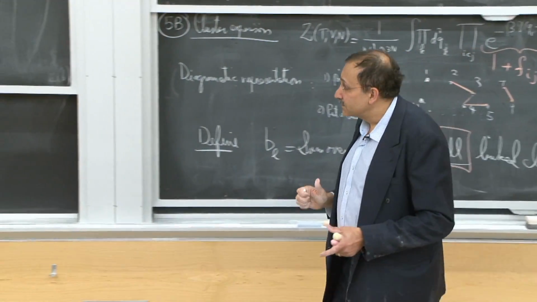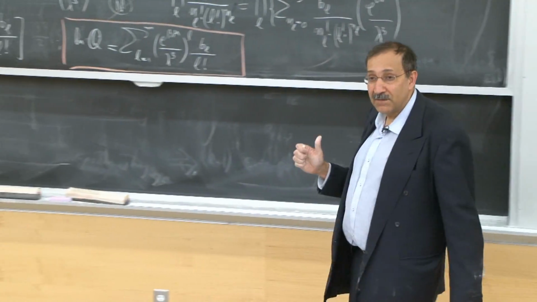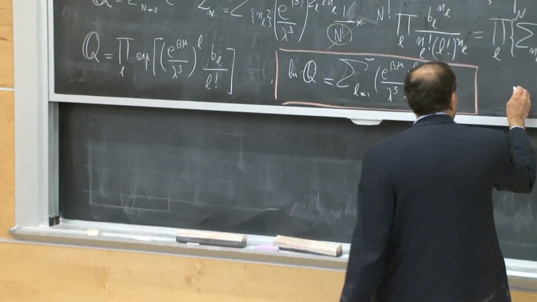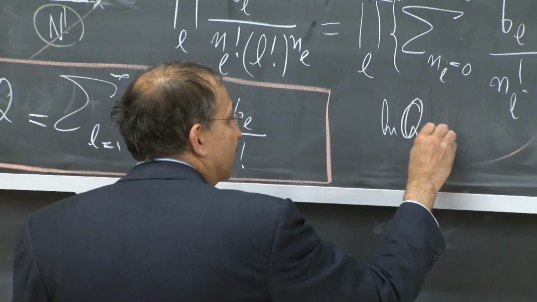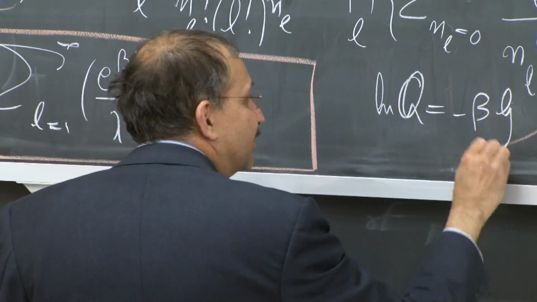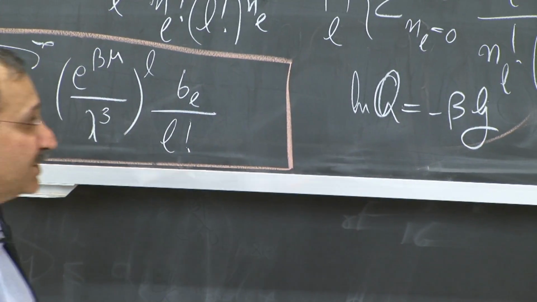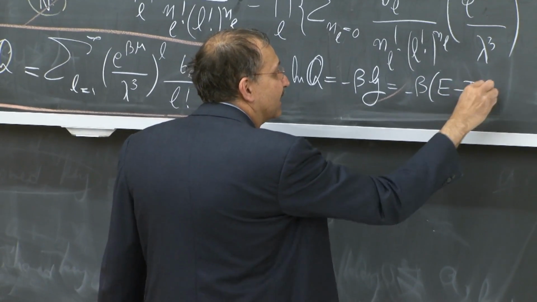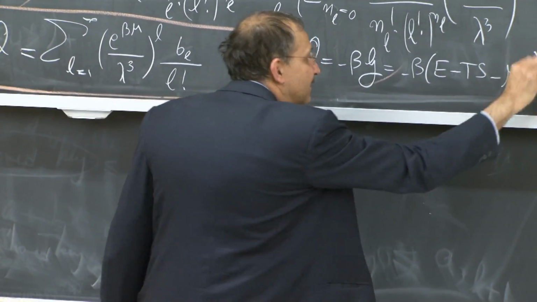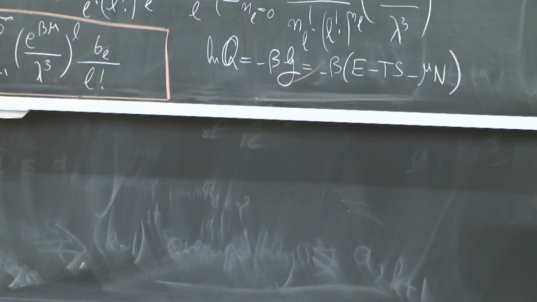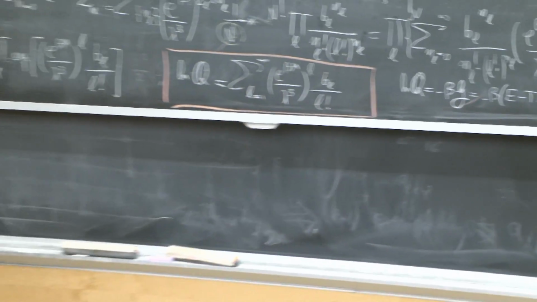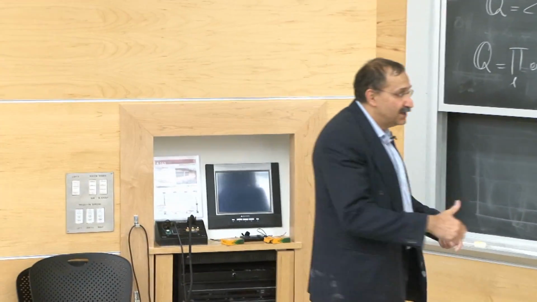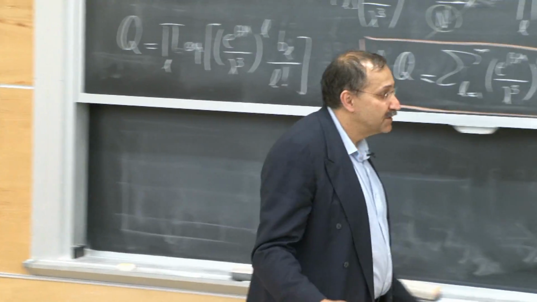Now, the other thing is that if I'm thinking about the gas, then log of Q is e to the minus beta G, and G is E minus TS minus mu N. But for a gas that has extensive properties, G is E minus TS minus mu N equals minus PV.